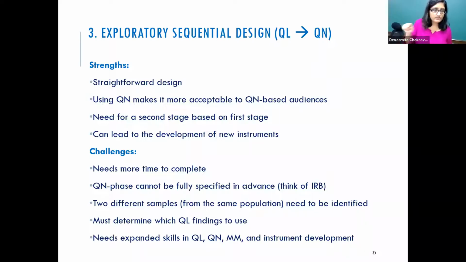Here you have to make a decision about which qual findings to use. And here you need so many skills. You need to be skilled in qualitative data analysis, quantitative data analysis, mixed methods data analysis, as well as instrument development. So it's best done in a large team.